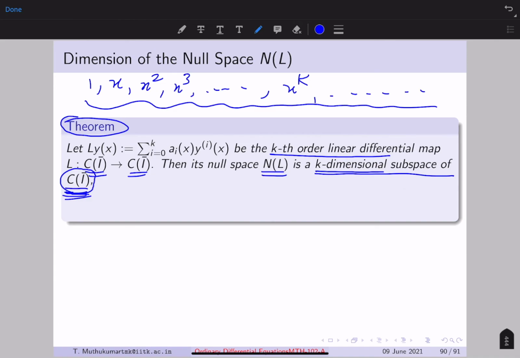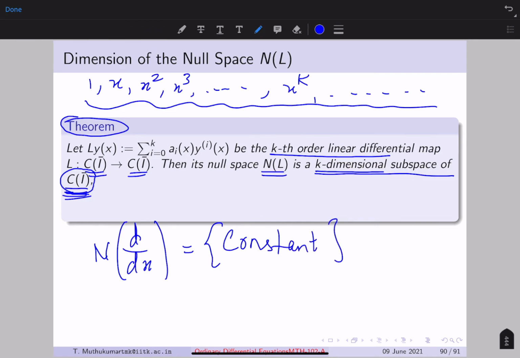You may have observed this in the examples we have given before. For instance, when we looked at the null space of the first order differential operator, what did we show? The null space of this operator is all constant functions. The order of this differential operator is 1.